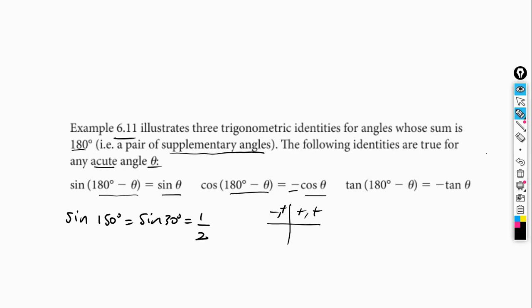Whereas for tangent, it's the same as cosine. We have that tangent of 180 degrees minus theta is equal to minus tangent of theta. Now, since tangent of theta is equal to y over x, we can see that if we do y over x in the first quadrant, it's going to be positive. But if we do it in the second quadrant, tangent will be negative.